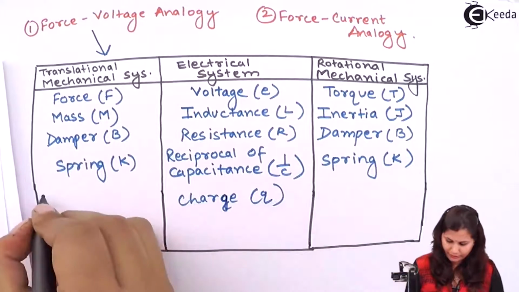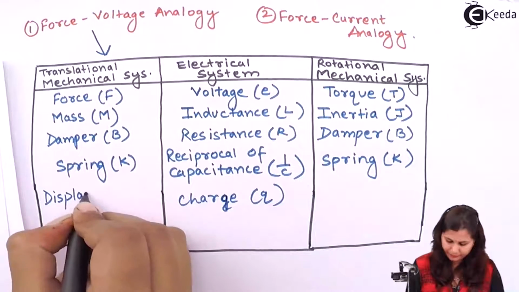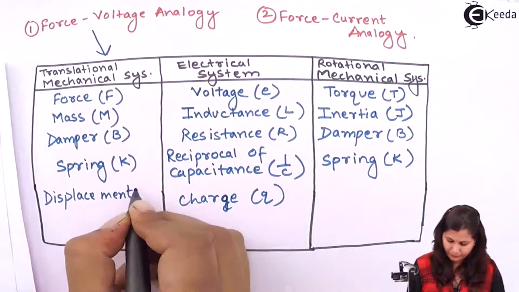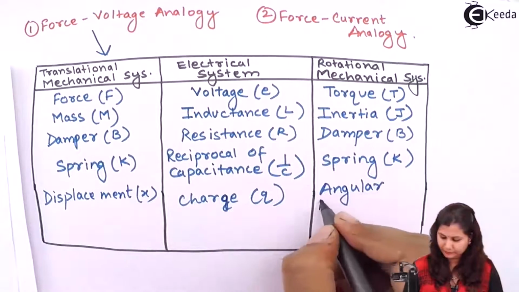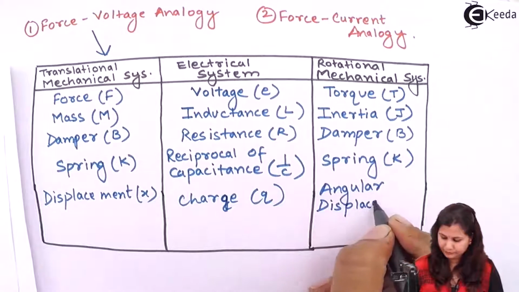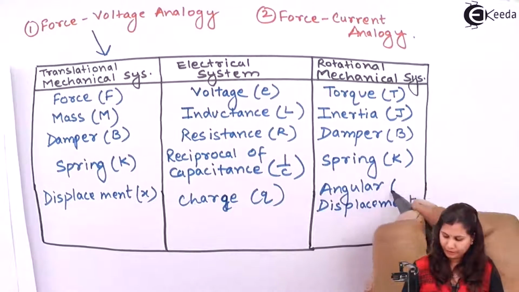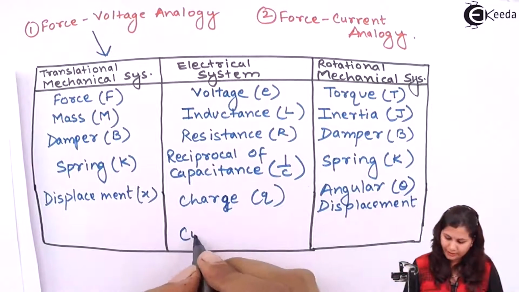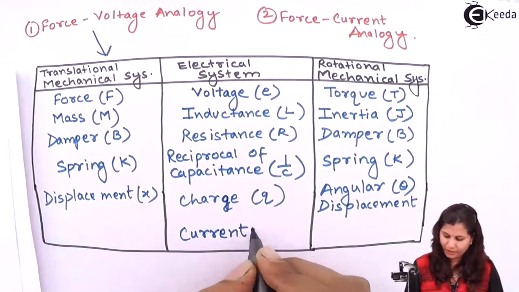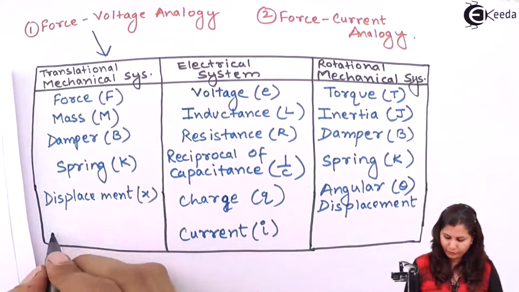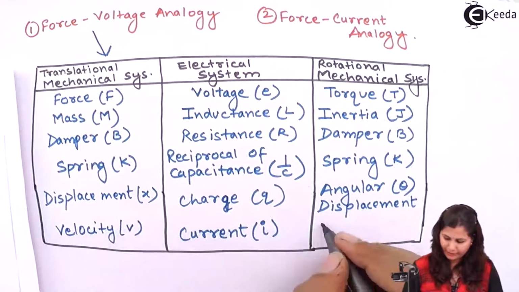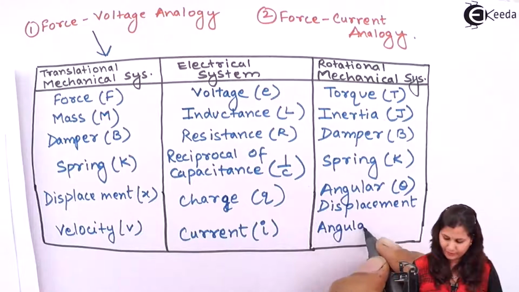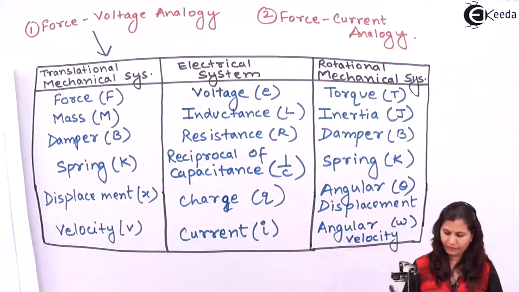Current in this force voltage analogy, current I, will be equal to the velocity V, and here it will be equal to the angular velocity omega.